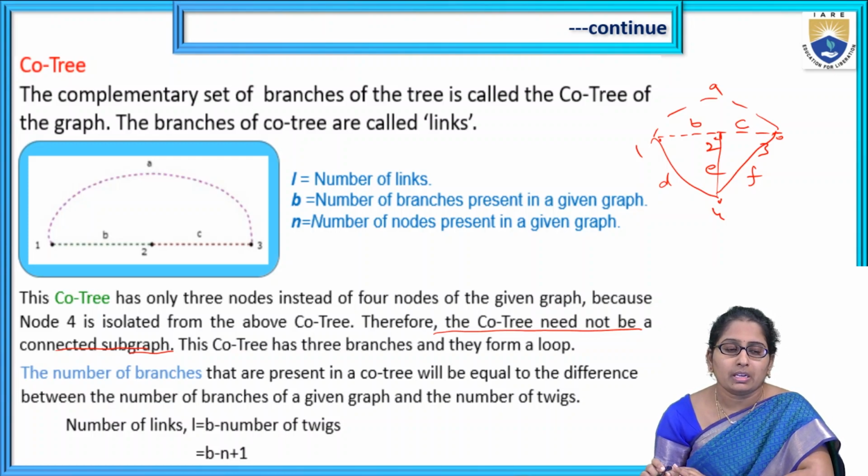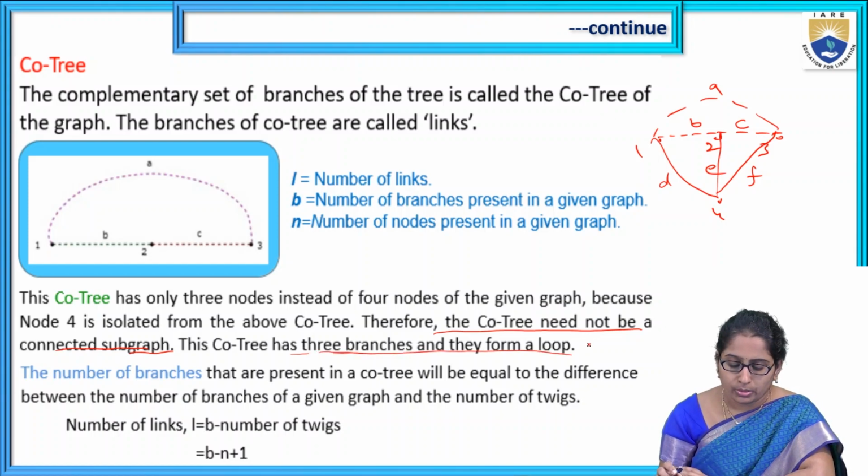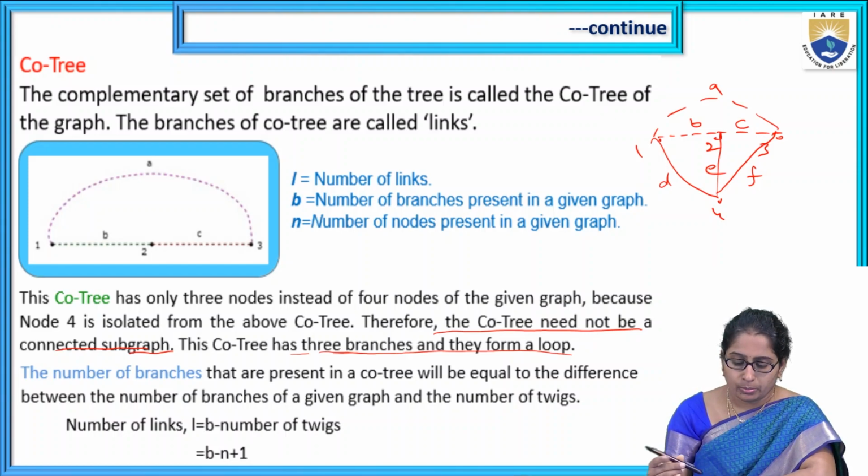So basically, a co-tree need not be a connected subgraph, that is one point. And the second point is the branches of the co-tree form a loop.